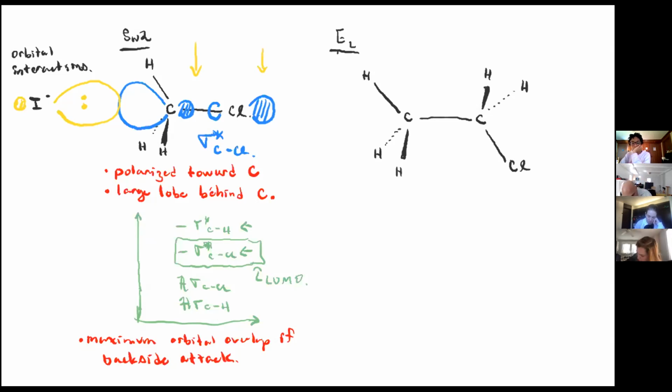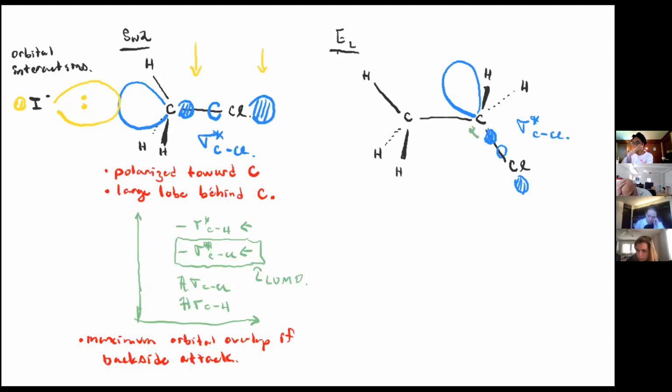So we know that it's got a big coefficient behind carbon. We know that there's an anti-bonding interaction between carbon and the chlorine, and that the chlorine doesn't have a whole lot of it behind it. And so this is sigma star, exactly the same as what we have on the left, as you'd expect. What's interacting with that is the adjacent beta CH bond.